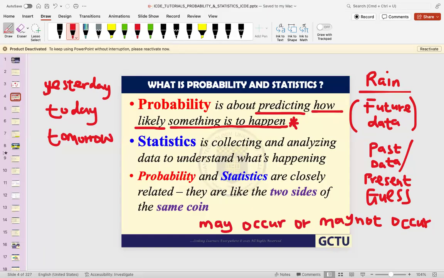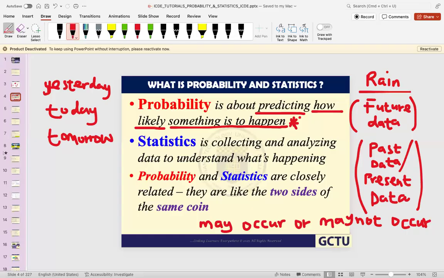So the type of data I have written at the other side, just to be explaining what we want to do, I'm saying we have future data, we have past data, and then we have present data in information technology. How do we handle these three types of data? The first one, probability, is about predicting how likely or how possible something is to happen.